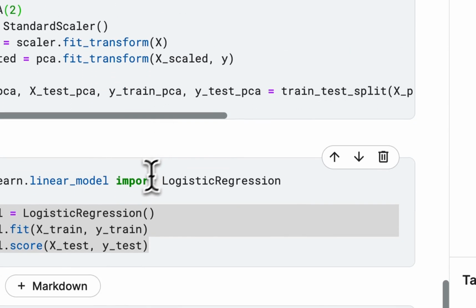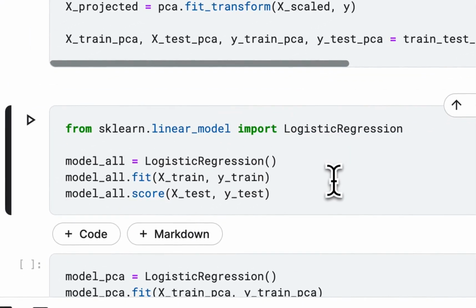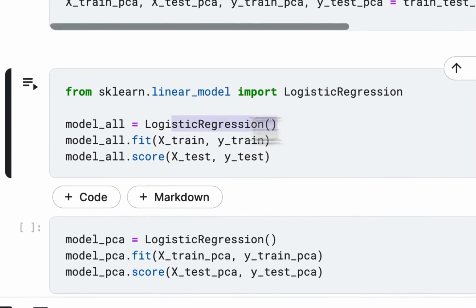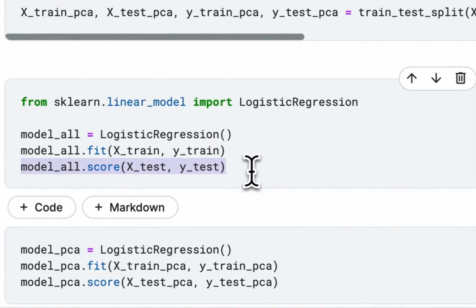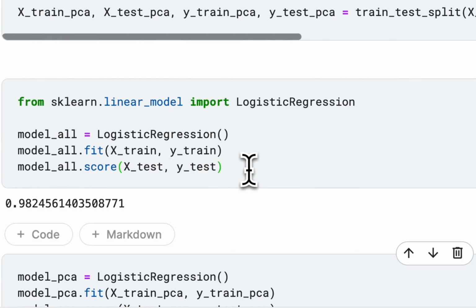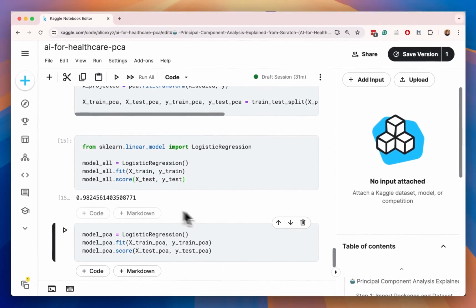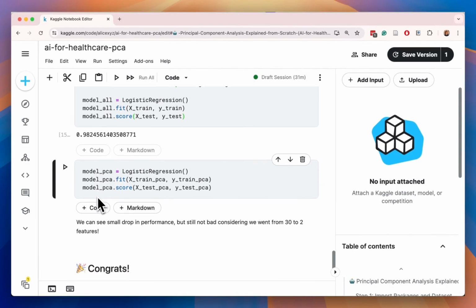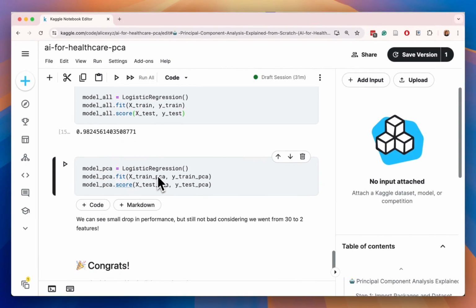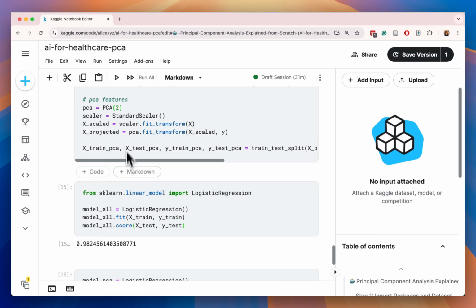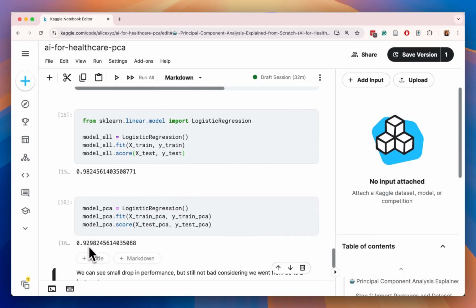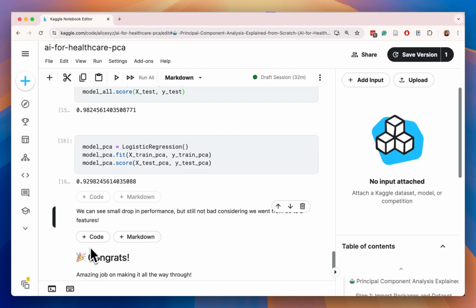And then I'm going to import a linear model called logistic regression. And again, we're going to instantiate that and fit it on our X train and Y train and score it. So using all features, we get a 98% accuracy. But using our PCA features, so only using 2 features, we get about 93% performance.